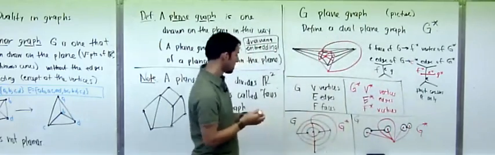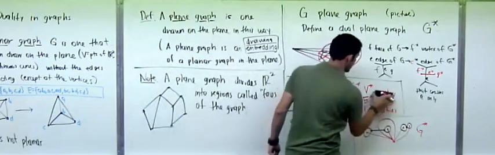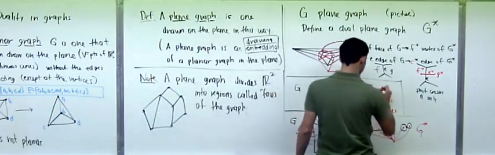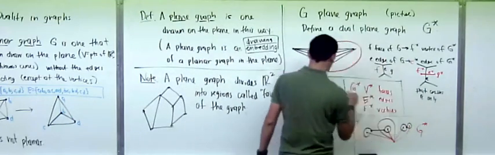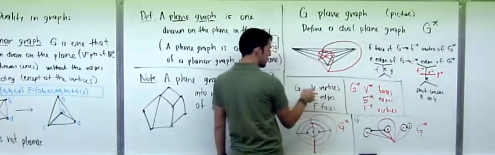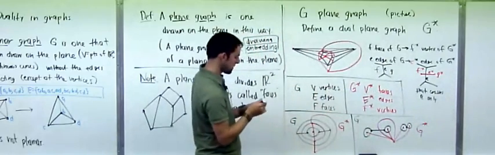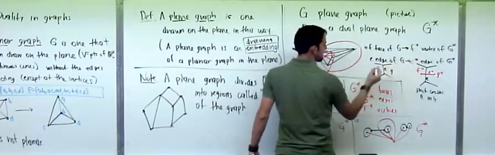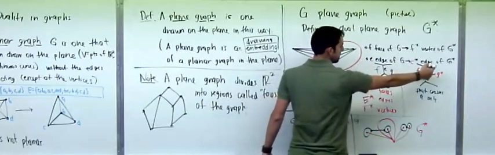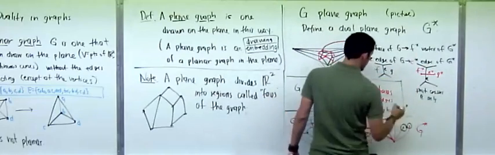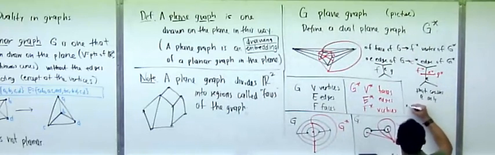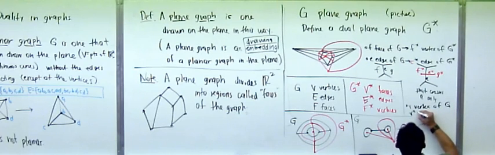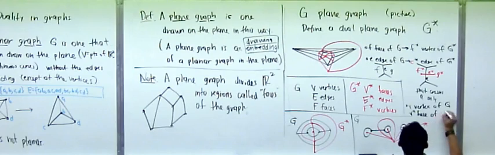So the faces of G star correspond to the vertices of G. Okay? So for each face of G, I have a vertex of G star. For each edge of G, I have an edge of G star. And for each vertex V of G, I have a V star, which is a face of G star.